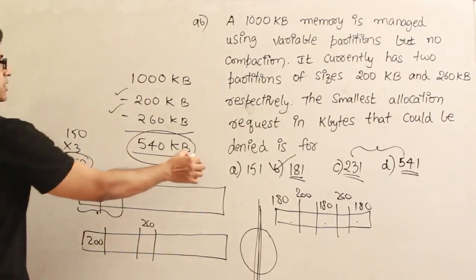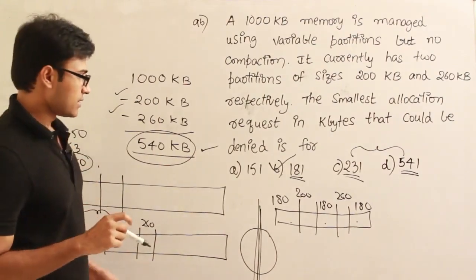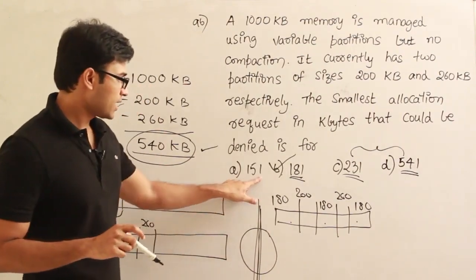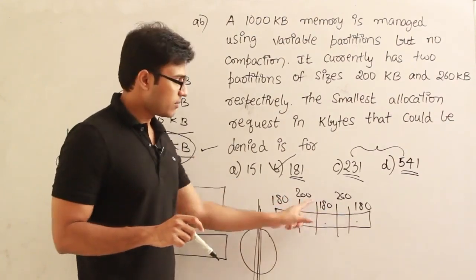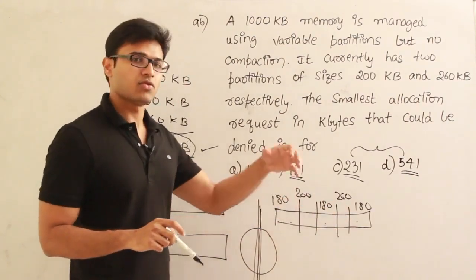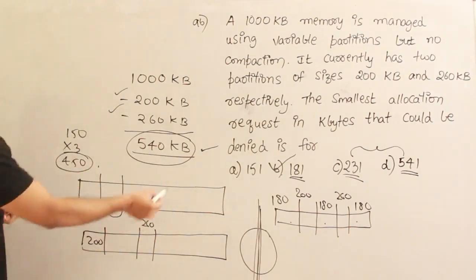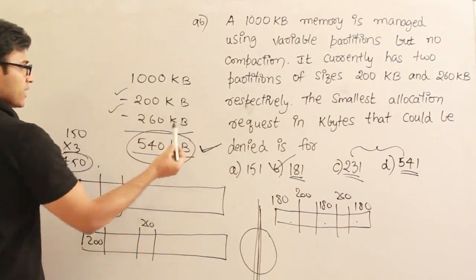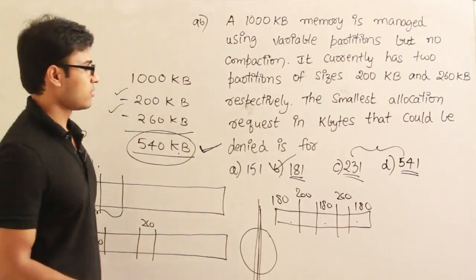But then the total available is 540, not 450, isn't it? If this one has to be denied, then every partition has to be of size 150. If every partition is of the size 150, then the total free size will make up 450. But 450 is not the total free space. This is 540, isn't it? Therefore, 181 is the answer. Got it?